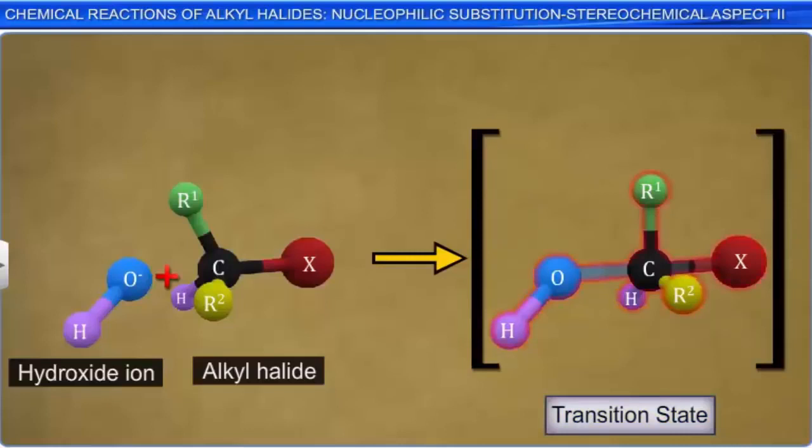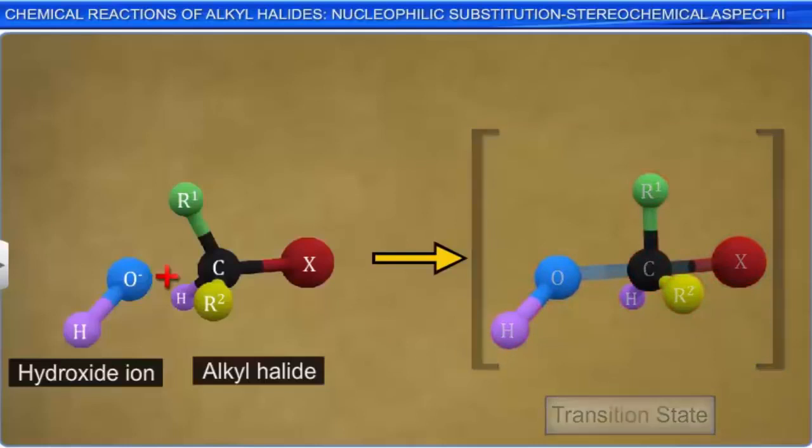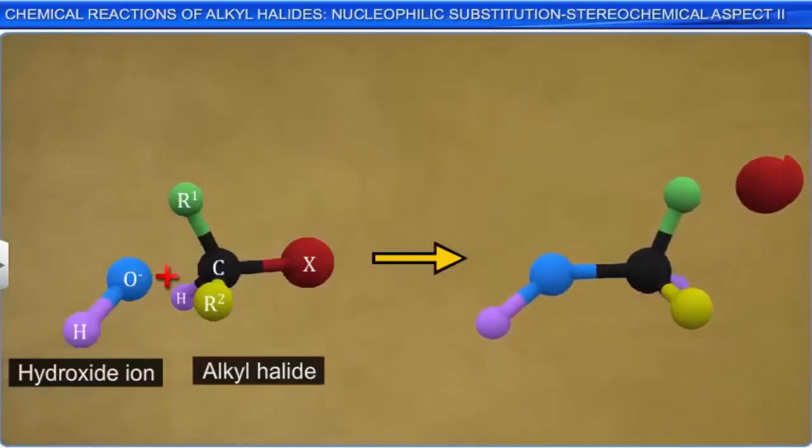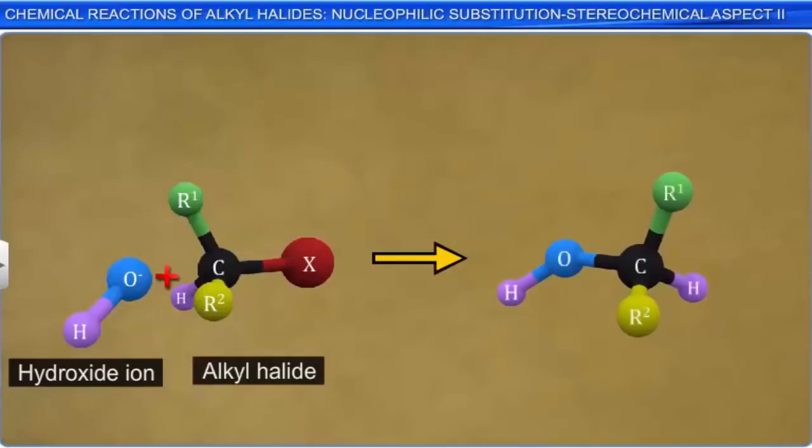These bonds in the transition state are distorted from the tetrahedral geometry of an alkyl halide. They exist as a planar spoke arrangement for a short time. Then, the leaving group is expelled and results in a product with a complete inversion of configuration.